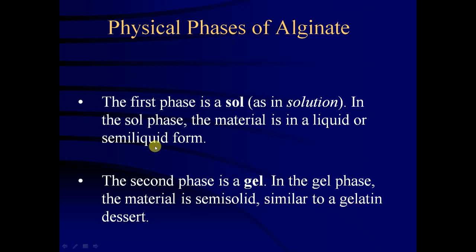I repeat, there are two phases of the alginate in which the physical reaction takes place. The first is the sol, a liquid or semi-liquid form, and the second is the gel, a semi-solid form.